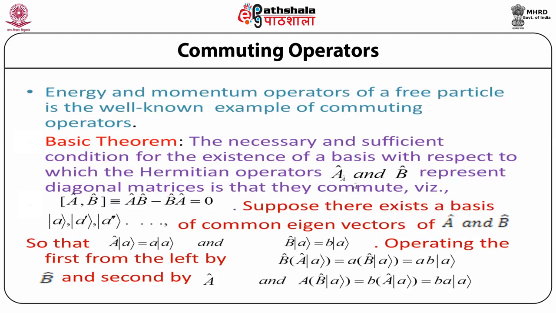with commutation relation of operator A with operator B, which is equivalent to operator A times operator B minus operator B times operator A is equal to 0.